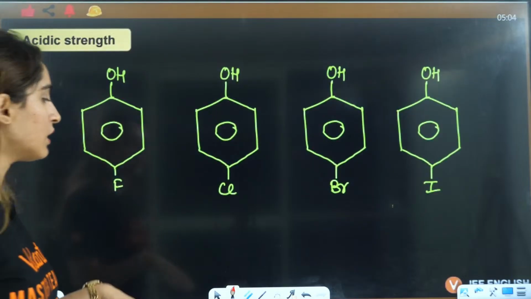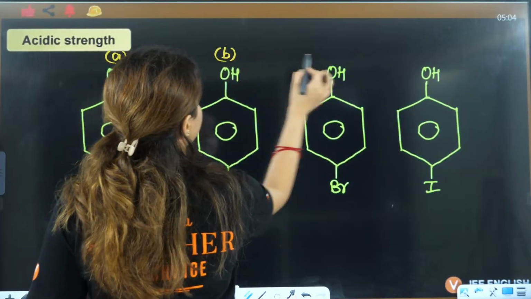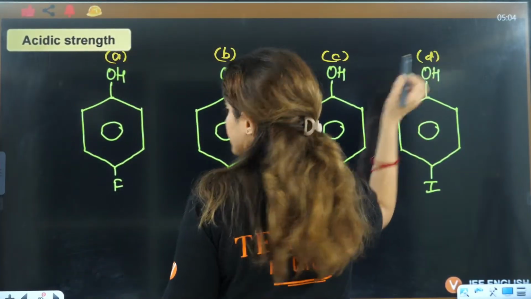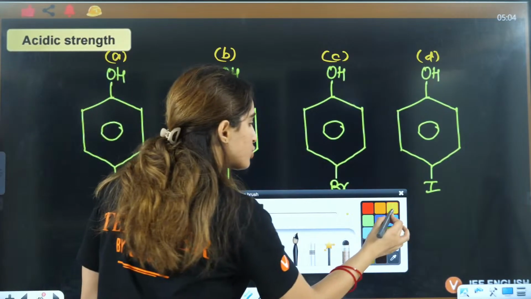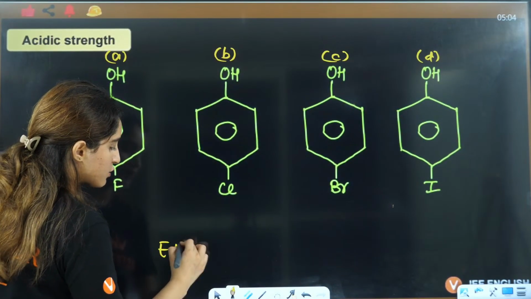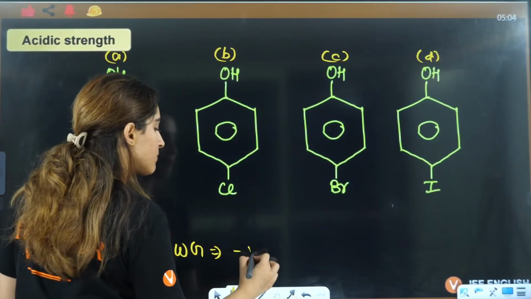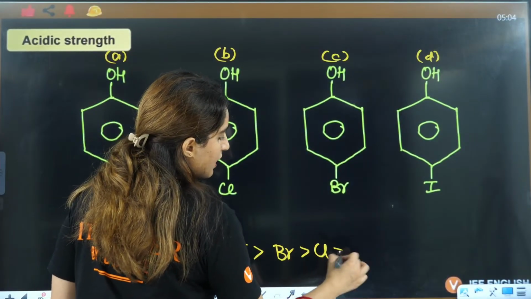Okay. Now, let's see this one. Here you have A, B, C and D. Let's talk about this one, everybody. Now, do you remember the electron withdrawing effect? The minus I effect order will be iodine, bromine, chlorine and then fluorine.